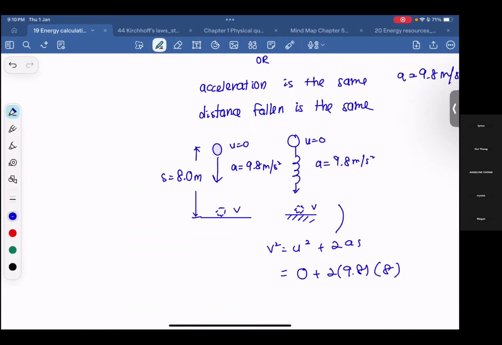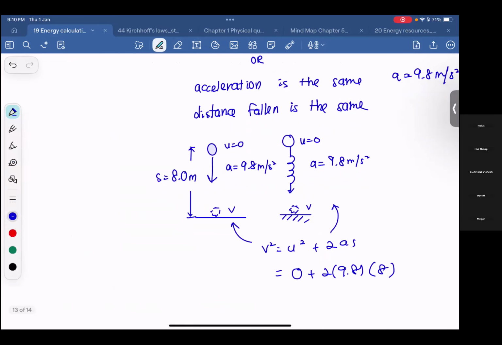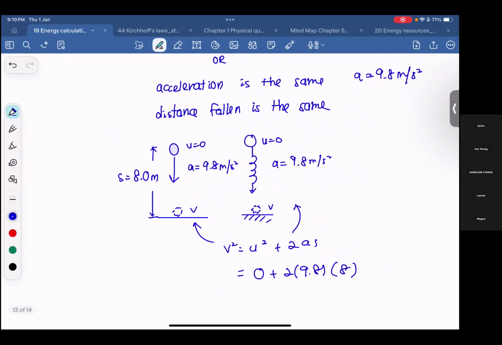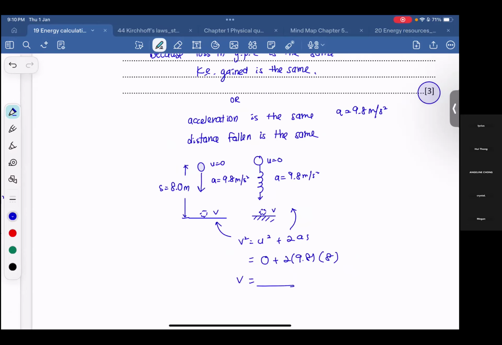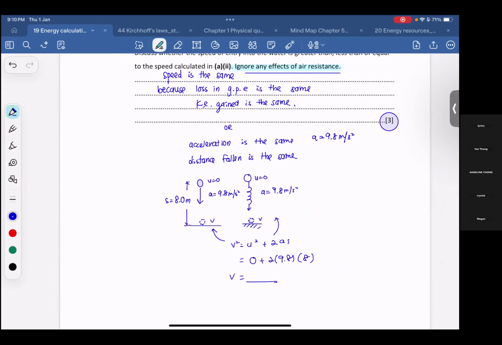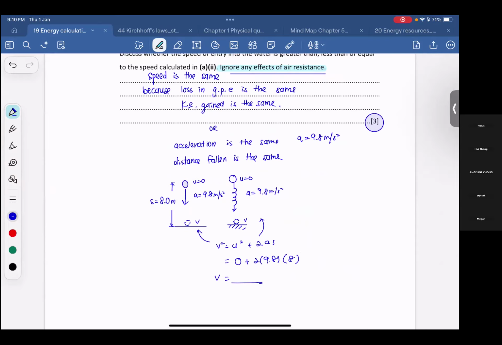In both cases, the working steps are exactly the same. If we want to explain in terms of force and motion, we will get the same answer for your final velocity. So velocity doesn't change if there is no air resistance. It doesn't matter what happened in between. Okay?